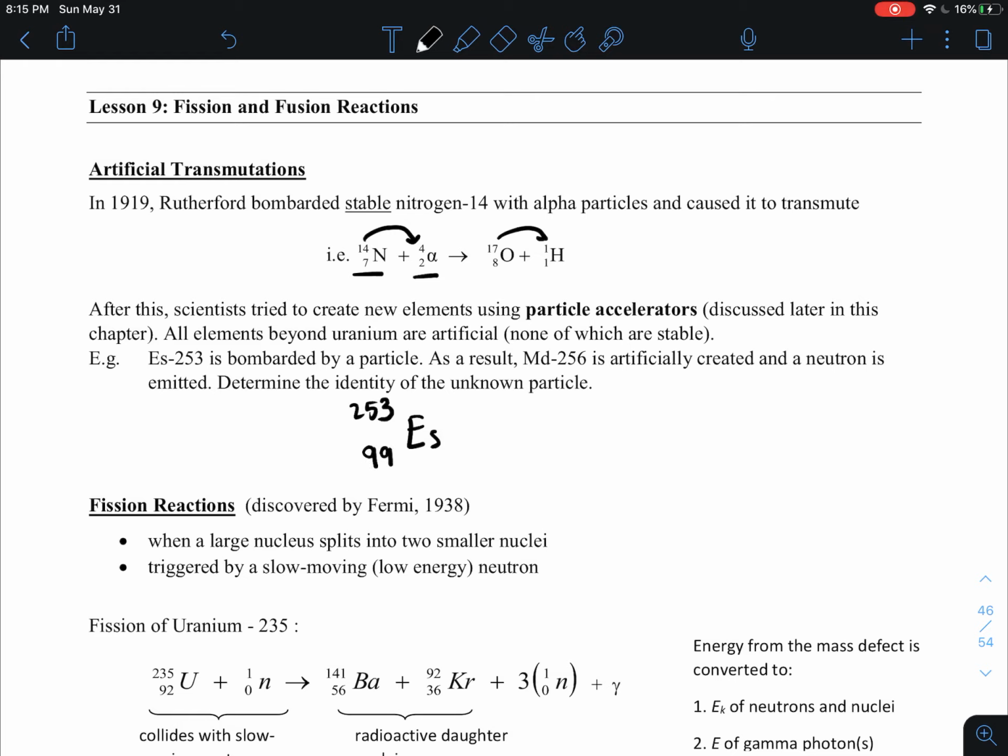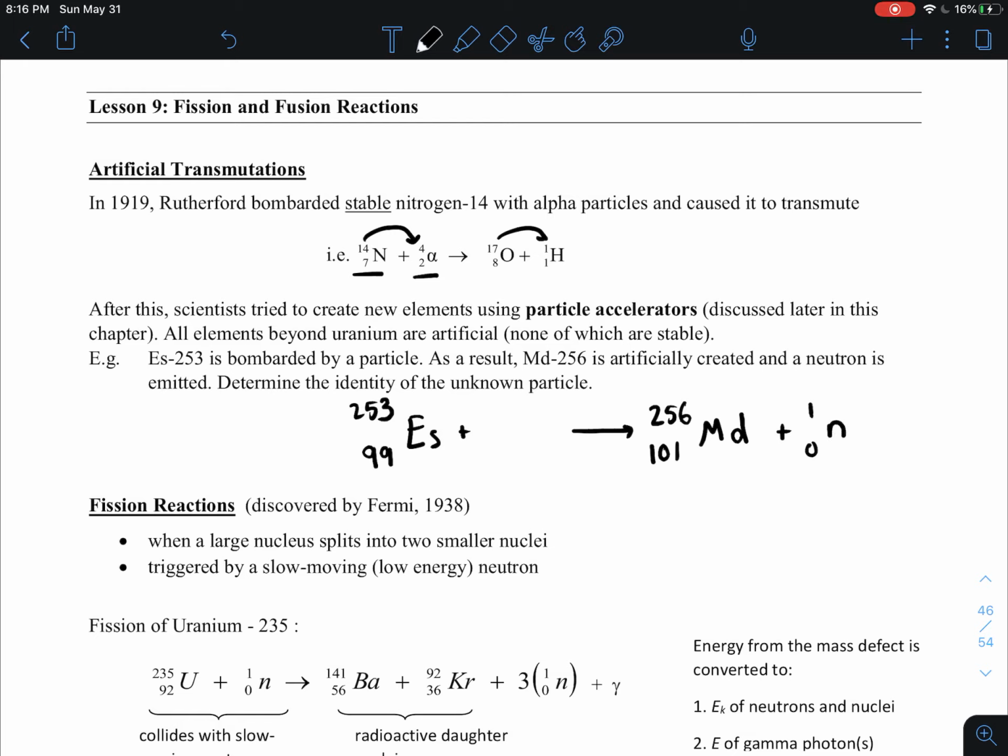So I'll put 99 here, plus something produces MD, Mendelevium, and that is 256. And naturally, 101 is the number of protons for MD. But then it says it also produces a neutron, and remember, a neutron is a 1, 0 neutron.